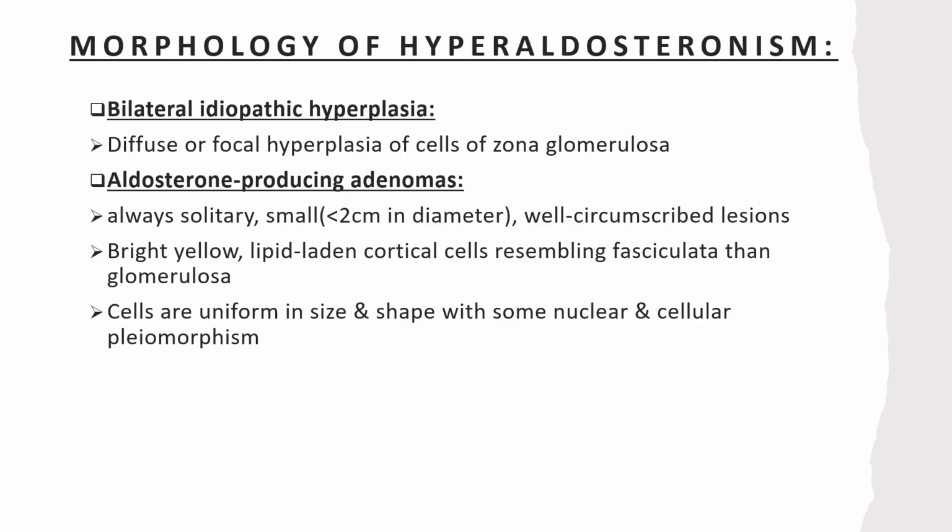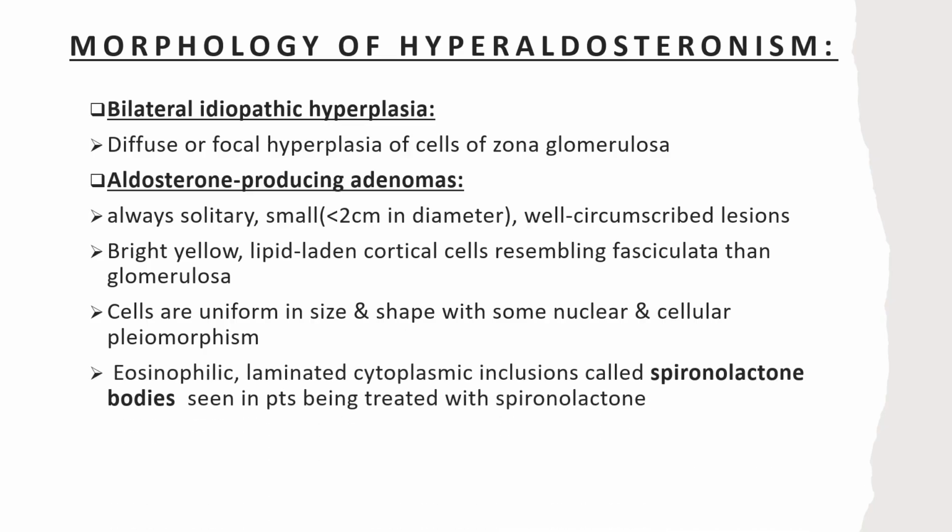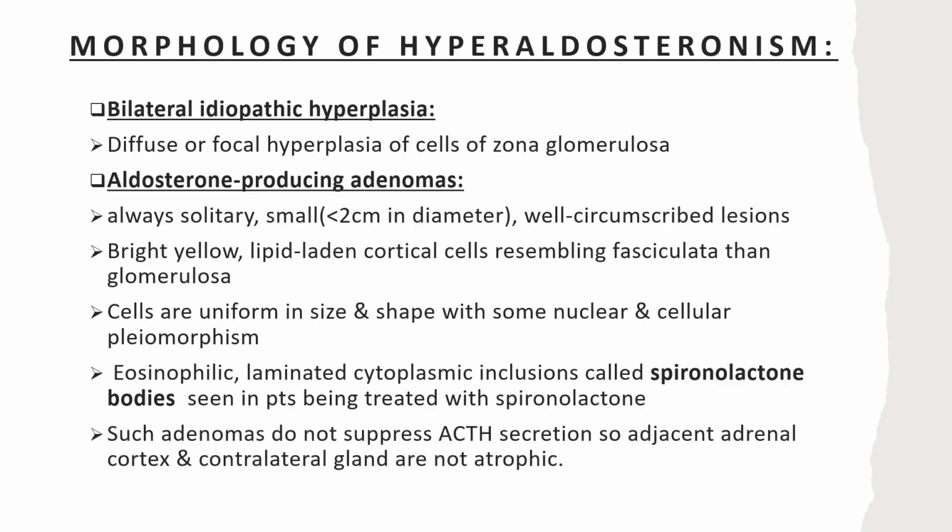And cells are usually uniform in size, but later on they begin to show nuclear and cellular pleomorphism, and eosinophilic laminated cytoplasmic inclusions called spironolactone bodies can be seen, especially in those patients who are being treated with spironolactone. And such adenomas do not suppress ACTH secretion.